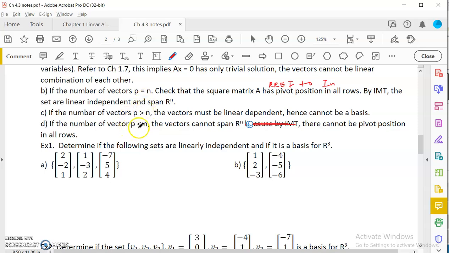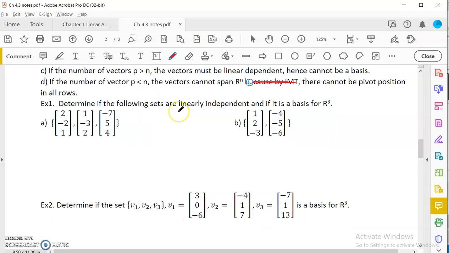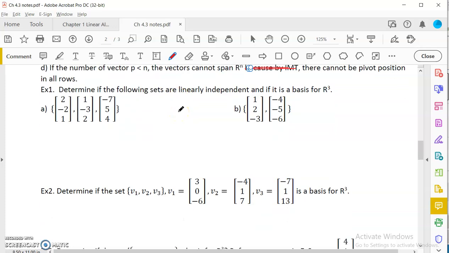But if you have too few vectors, they would not be able to span Rn because you cannot have a pivot position in all rows. So even if they are linearly independent, they cannot span. If you have fewer than n, it cannot be a basis. It has to be exactly n.